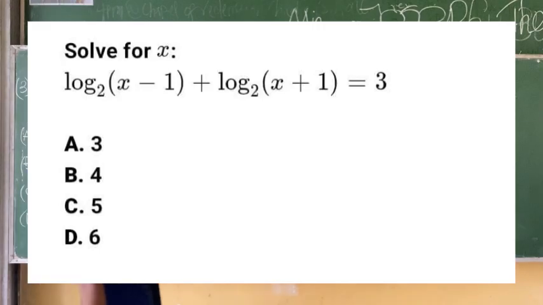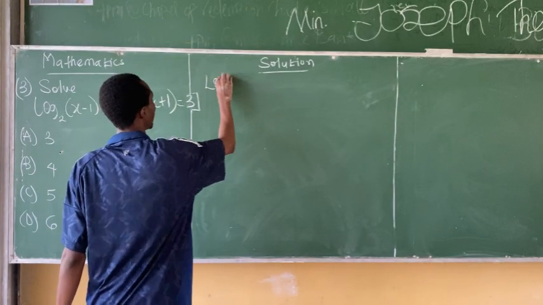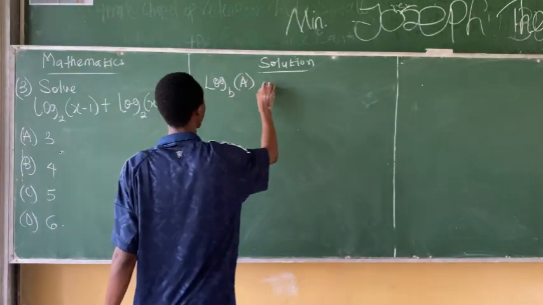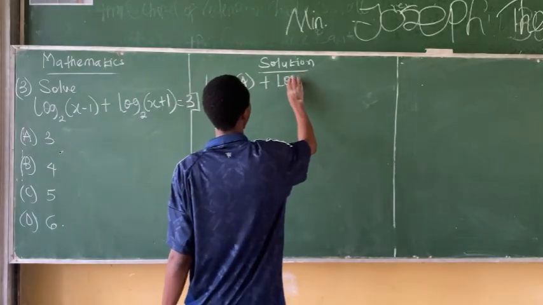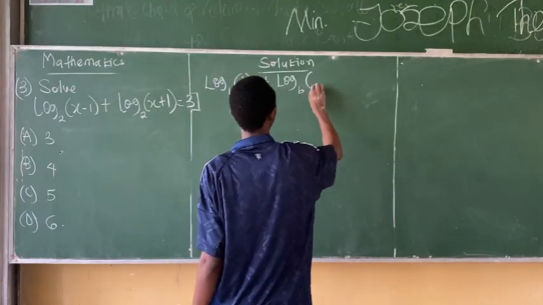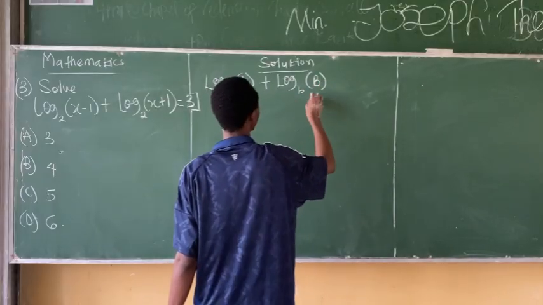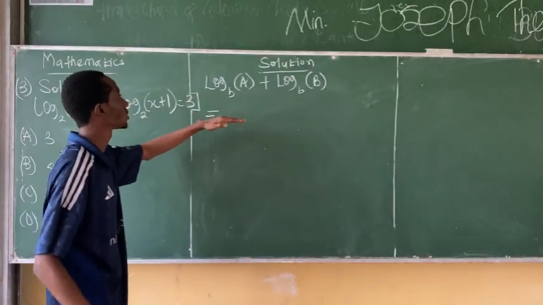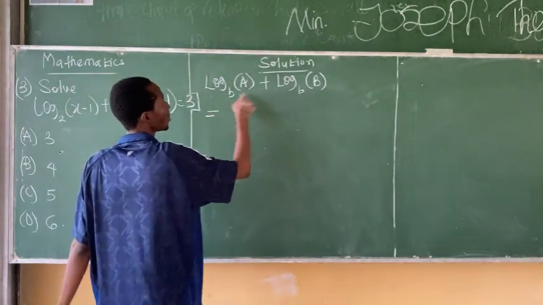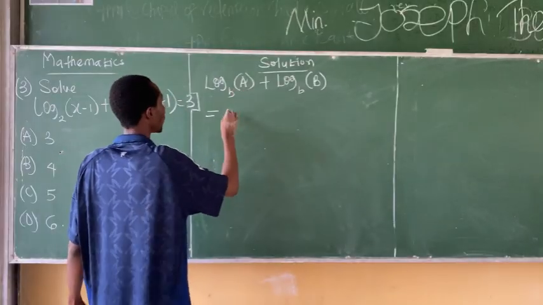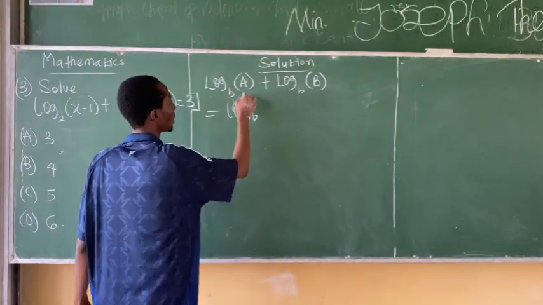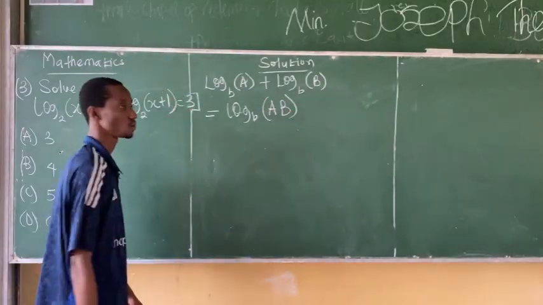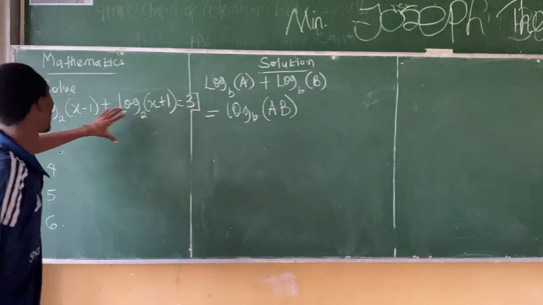Remember the law of logarithm that says log A to base B plus log B to base B. If you have something like this, since they have the same base, you pick one log B, and you multiply the values, which is A times B.